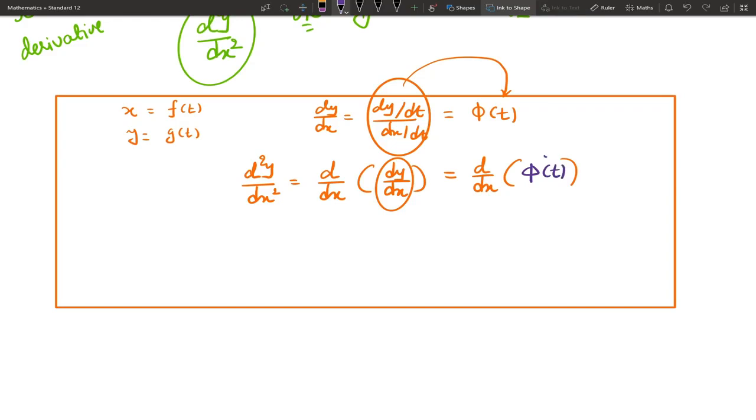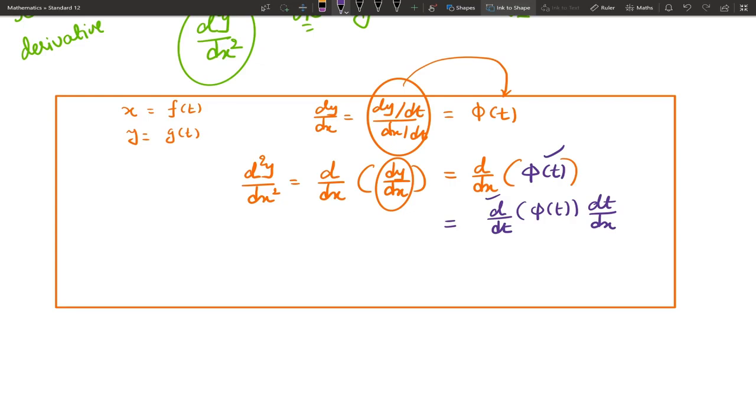Since inside it is a function of t, you can't directly differentiate with respect to x.